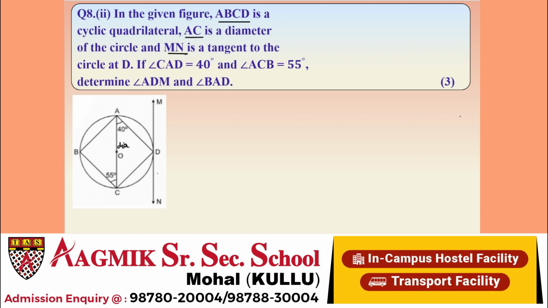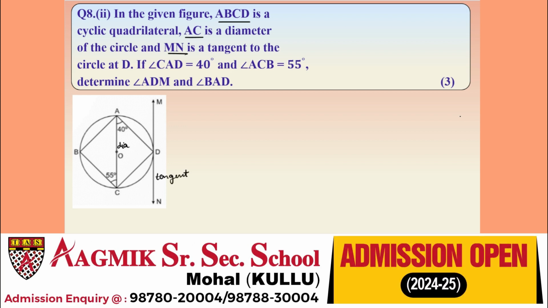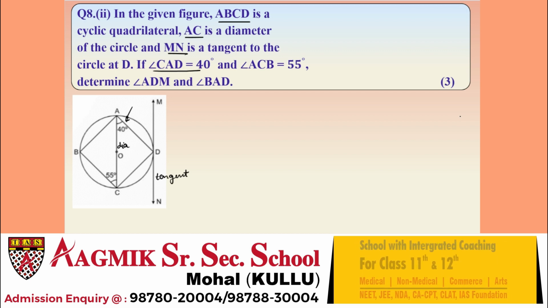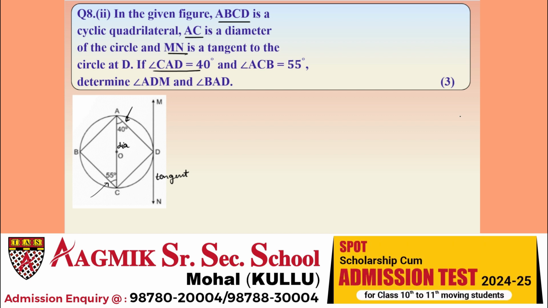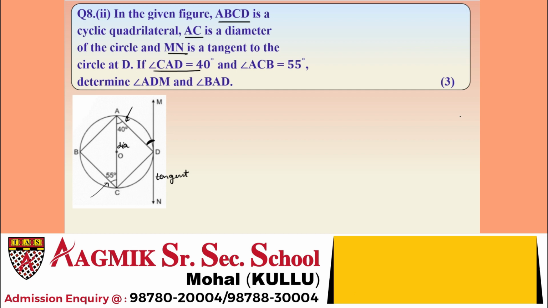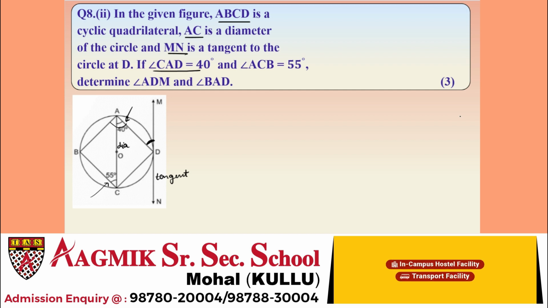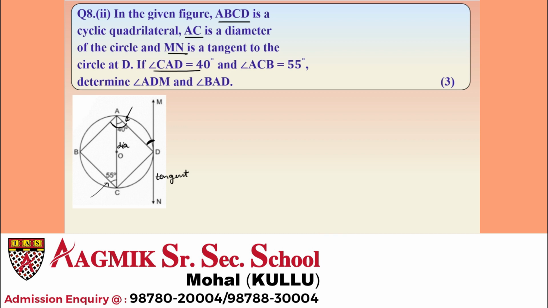MN is tangent to the circle at D. Angle CAD is given to be 40, and angle ACB is given to be 55 degree. We need to determine angle ADM, and BAD will be this total angle which we want to obtain. Now, how can we do this question?